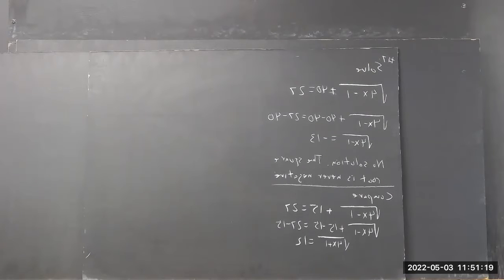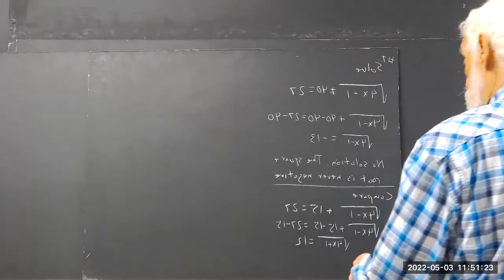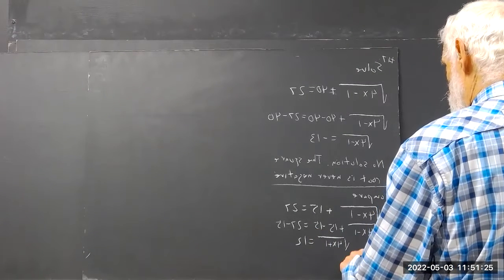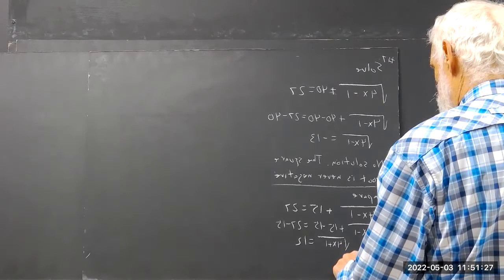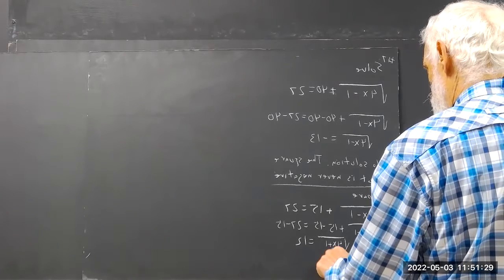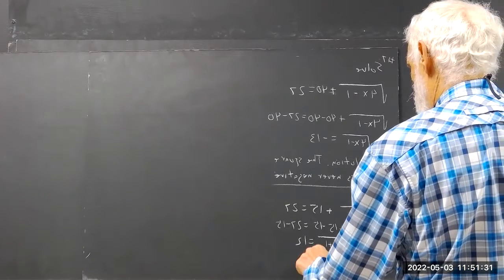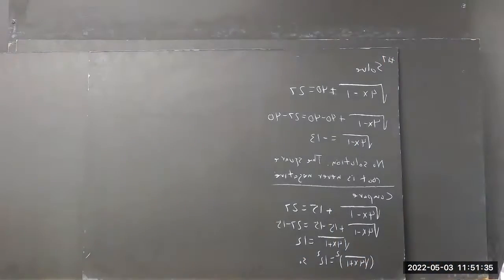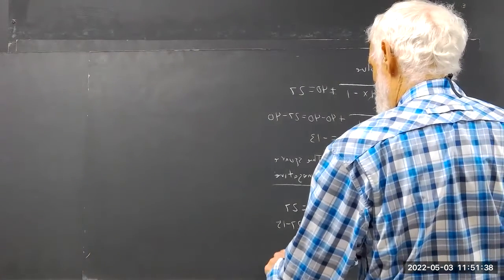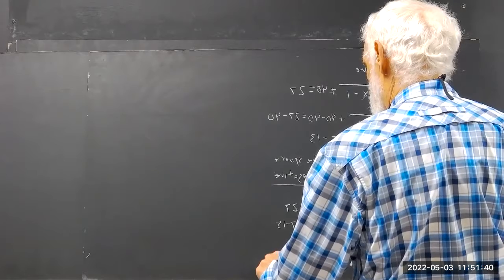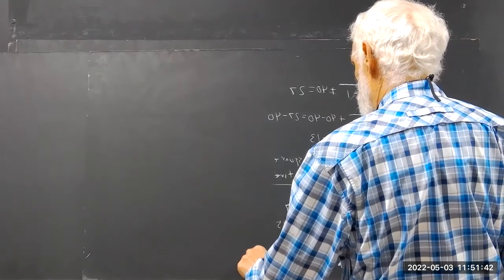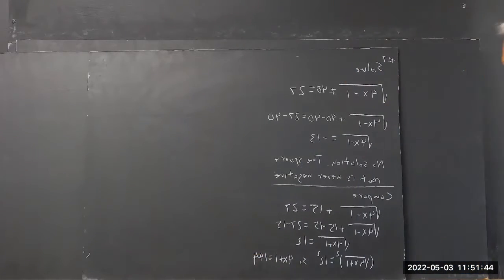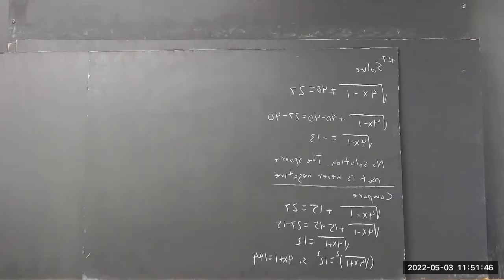Now, how do you get x? You square both sides. If you square 4x plus 1, you get this. And now I can solve for x.